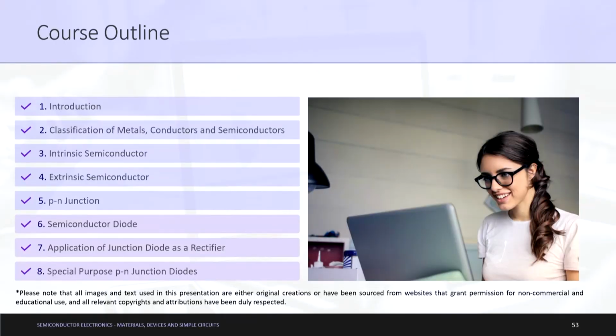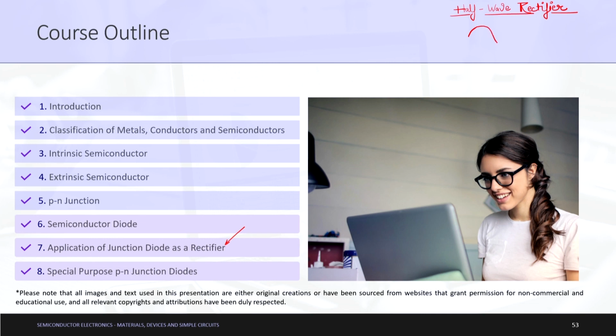So, right now we are on the 7th topic, that is the application of junction diodes as a rectifier. In this concept, what are the things which we understood? First of all, the thing which we understood was called the half wave rectifier. So, what was basically the half wave rectifier?